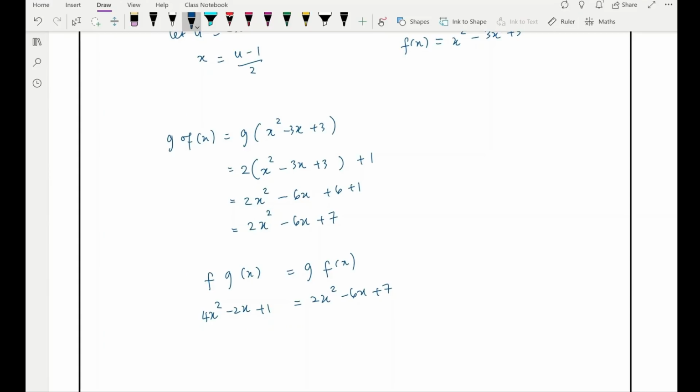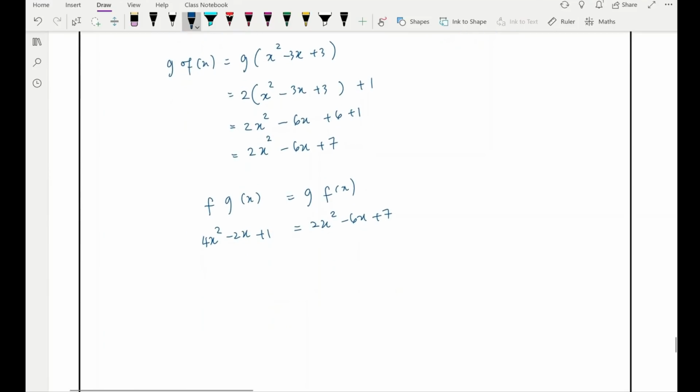And then we simplify to get the value of x. So we get 2x squared plus 4x minus 6 equal to 0. Or we can simplify to x squared plus 2x minus 3. And then we factorize, we get (x plus 3)(x minus 1) equal to 0. So x equal to negative 3 or x equal to 1.